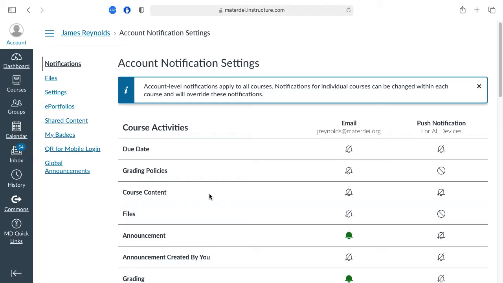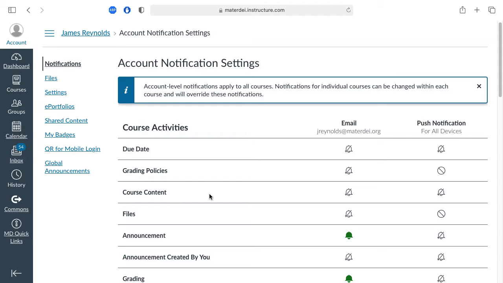So to get there, I clicked on account. And again, I'm on the web. If you're in the app, I still think there's a circle that you click. Click on account, and then it is notifications. And then you can see that it can have emails or push notifications.